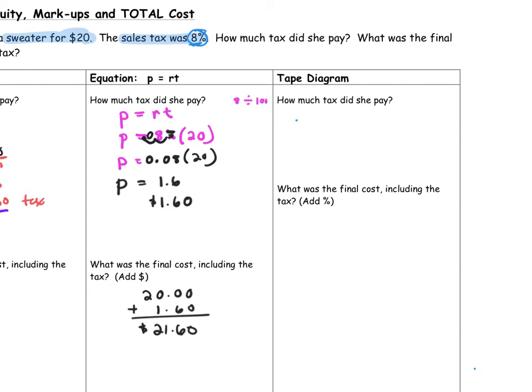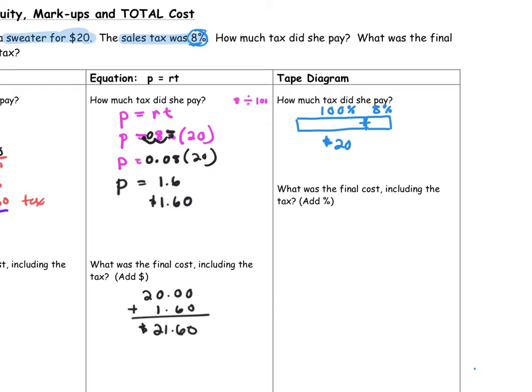If we model this with a tape diagram, we would start with the tape diagram, and this is 100% of the cost. And the cost is $20. But here's where the part is different. We don't cut off part of the tape diagram. In fact, we're paying sales tax, which adds a percent onto it.